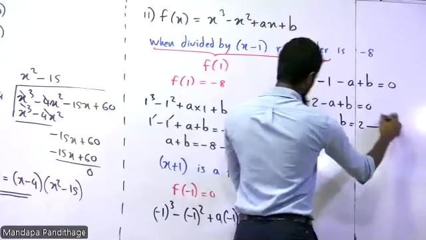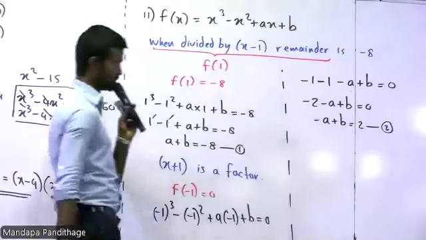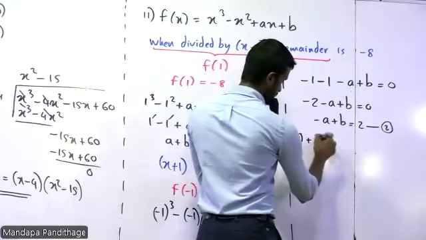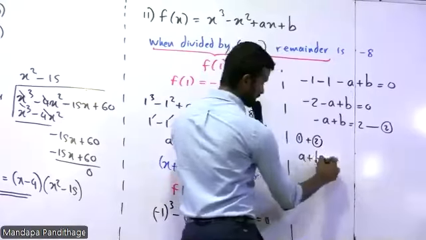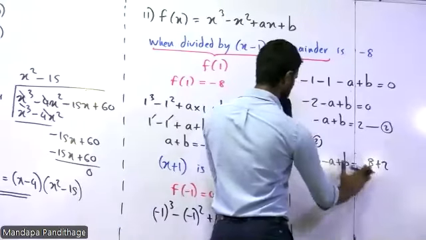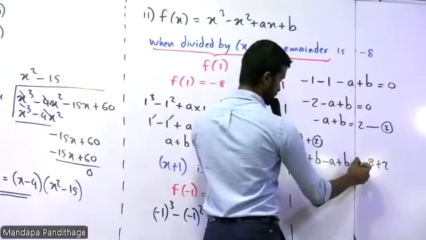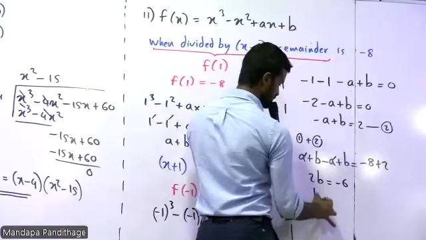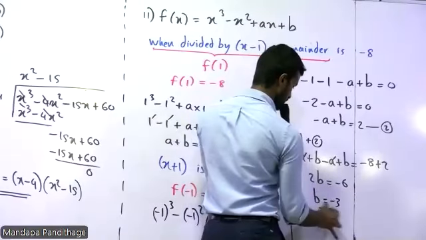So I got two equations with a and b, then you can simply add these two. When you add them, a plus b minus a plus b is equal to minus 8 plus 2. A cancels off, I get 2b is minus 6, which means b is equal to minus 3.